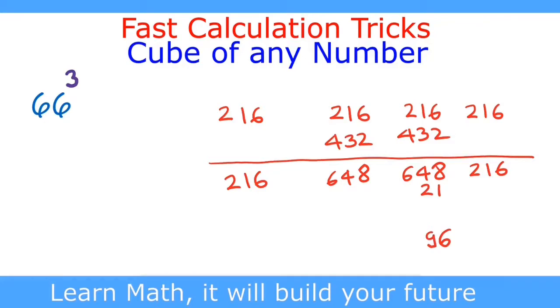So we write 9 and carry 66. 648 plus 66 is 714. So we write 4 and carry 71, and 216 plus 71 is 287. So we write 287, and our answer is 287496. Thus the cube of 66 is 287496.